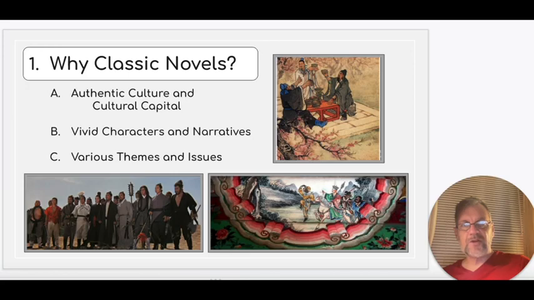In The Dream of the Red Chamber, for example, we see an intimate portrayal of how the Chinese think about love, for example, or family, or even table manners, which is something that cuts across cultures. So we see how the Chinese do it, but we can also relate those themes to how we in our culture apart from the Chinese think and act and feel about such things.